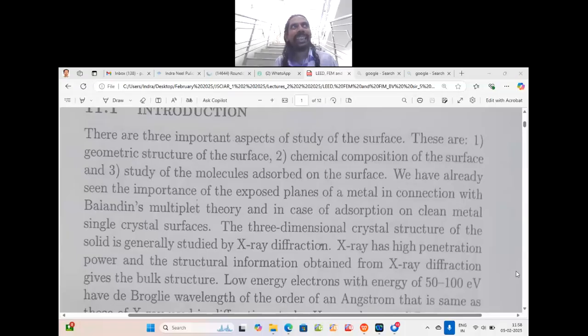Moving forward, dear friends, what we are getting from XPS, that is X-ray photoelectron spectroscopy, is the binding energy of a particular electron, how strongly it is bound to the core level of the atom.